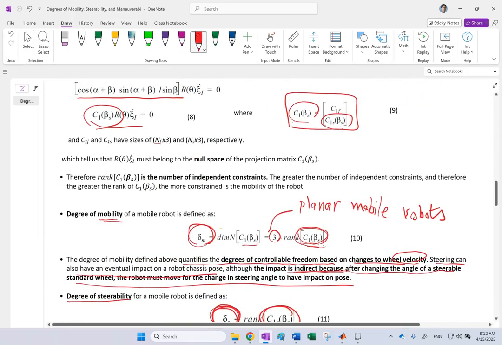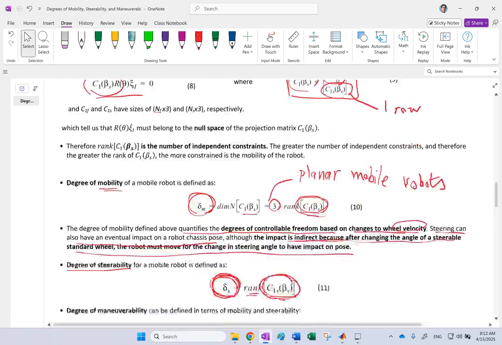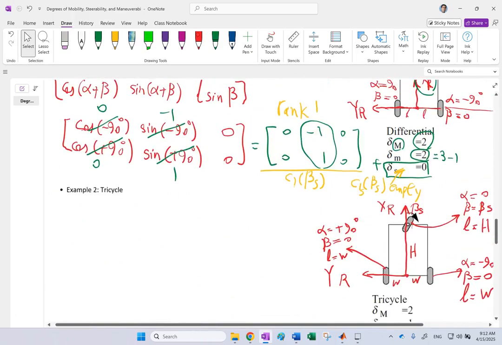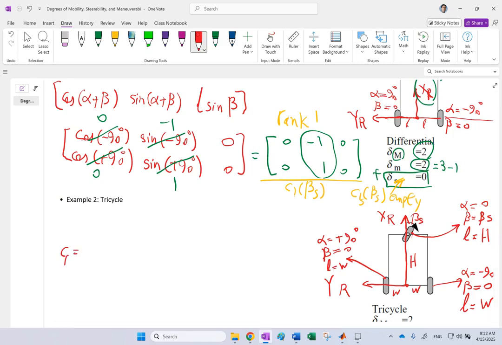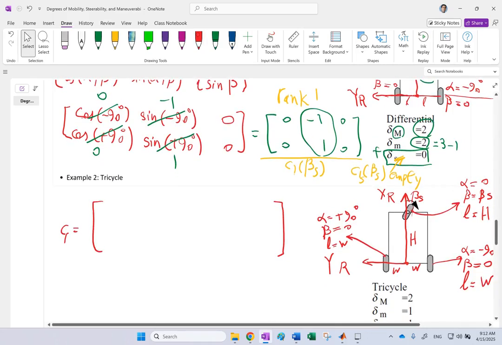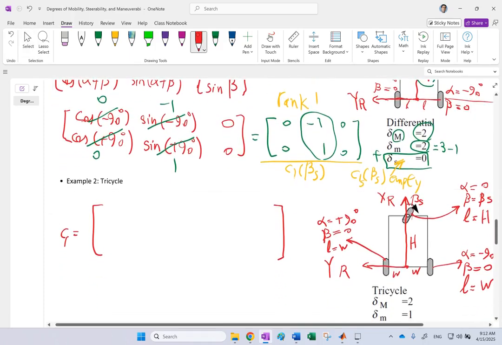So if I go ahead and look at that, I will have 2 rows for the fixed part and 1 row for the steerable part. Okay, so let's go ahead and form this matrix. In this case, your C1 is going to be, in row 1, cosine of alpha plus beta, and we go with this one first.